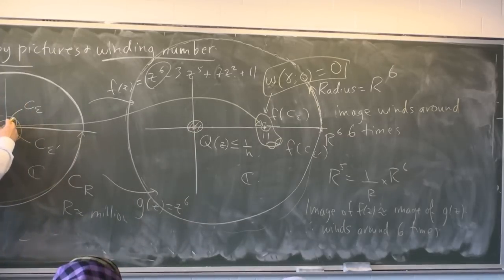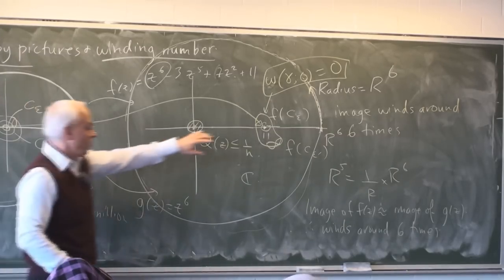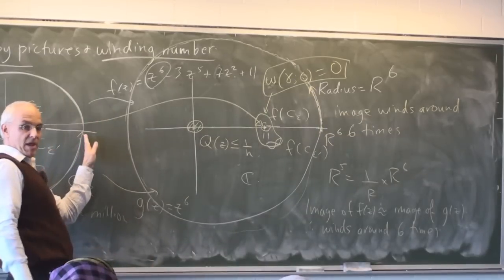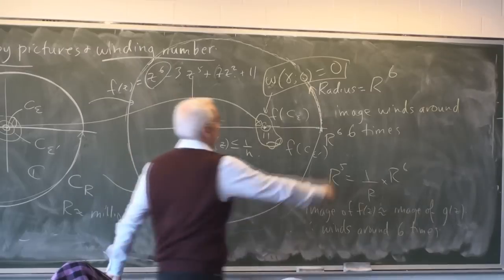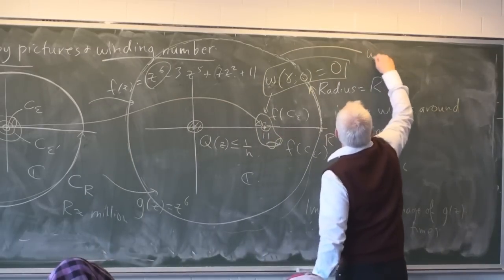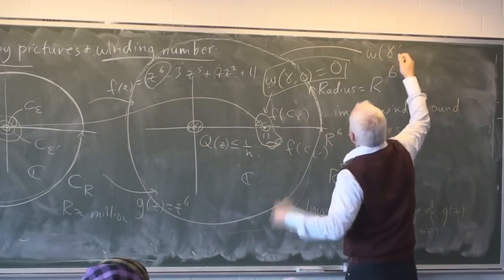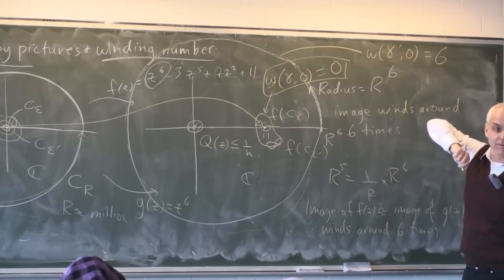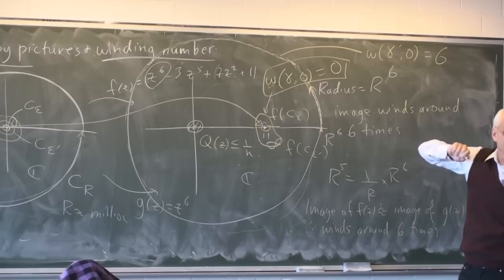And now we're increasing this gradually, gradually, gradually. The curves are doing something. And finally, when we get to this very big value, our big image has winding number, let's say of gamma prime, equal to 6. It's gone around 6 times.